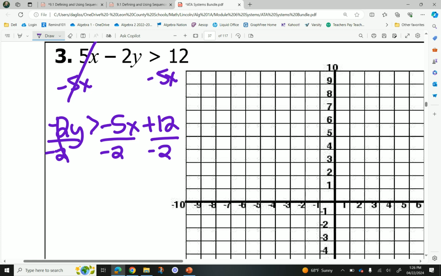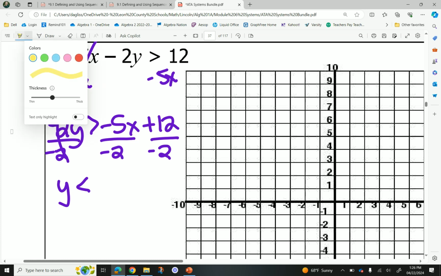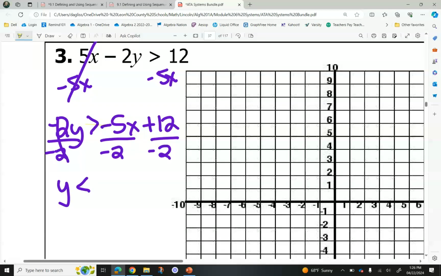All right, something very important just happened. We just divided by a negative number, and that is going to flip my sign. This is a big deal. When you divide by a negative number, it is going to flip your sign. So you now have y is less than. Your sign is going to flip because we divided by a negative number. Ooh, what just happened? Okay.